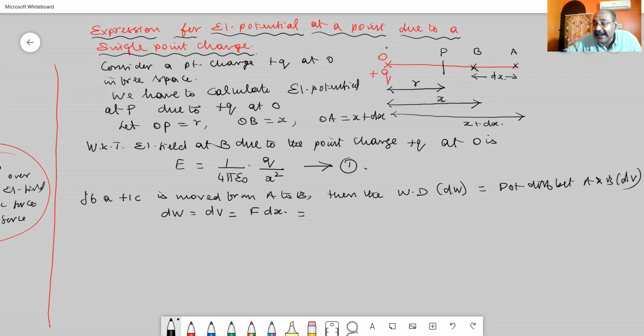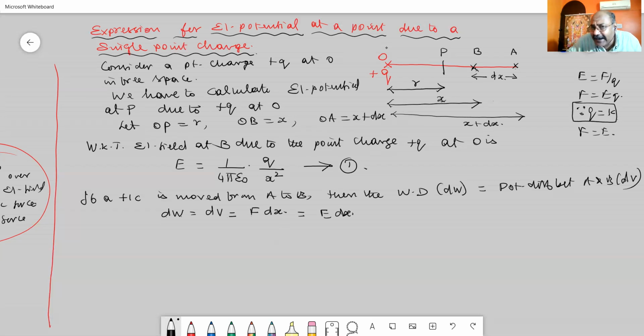Force is nothing but E into Q, since E is equal to F by Q, so F is equal to E into Q. Since Q equals 1 coulomb, because we are moving a unit positive charge, force F is equal to E. So the work done is equal to E into dx.